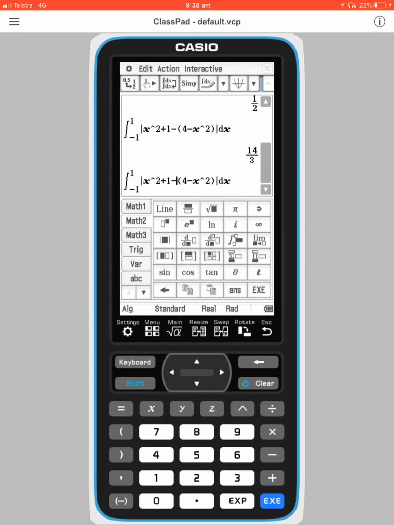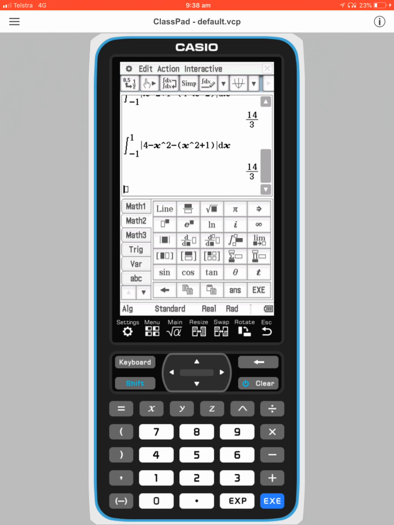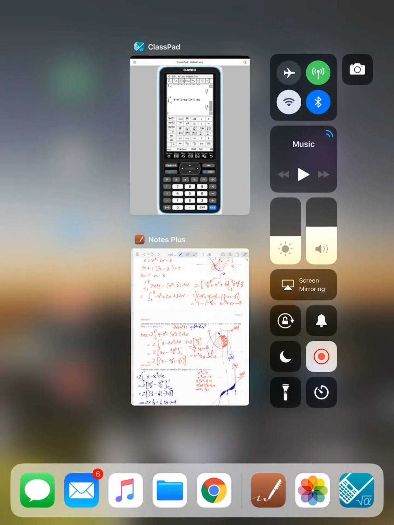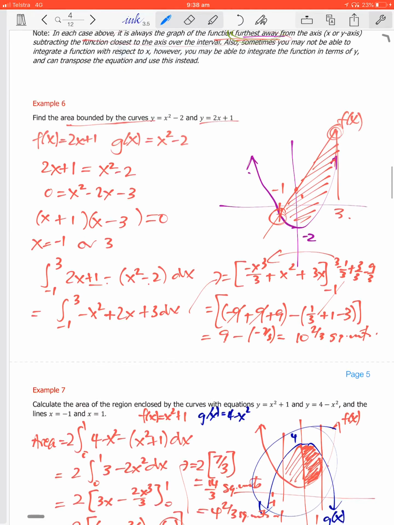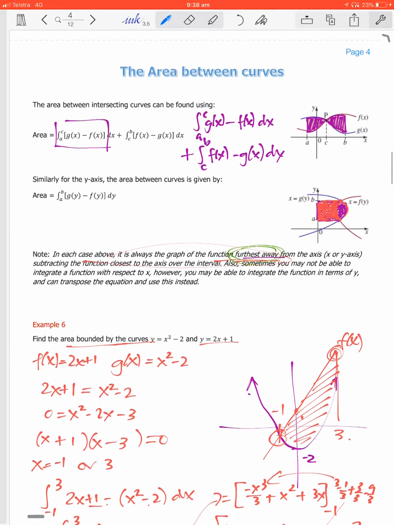If we did the same thing, but this time I did 4 minus x squared minus x squared plus 1, it's 14 on 3. So it doesn't matter which order you put it, as long as it's one minus the other, and it's in between the two endpoints, it'll give you the correct answer.